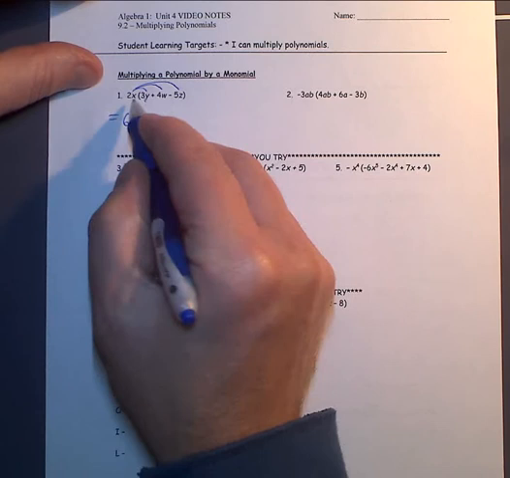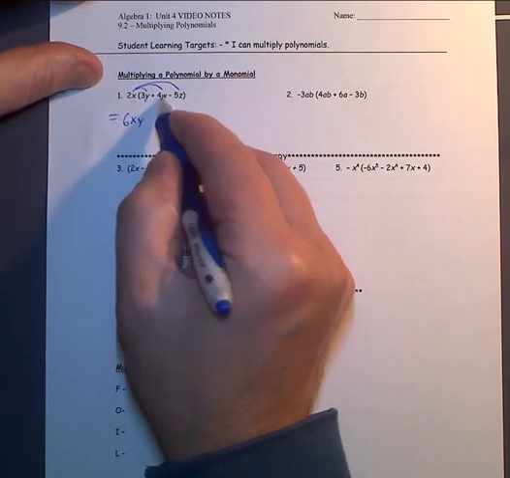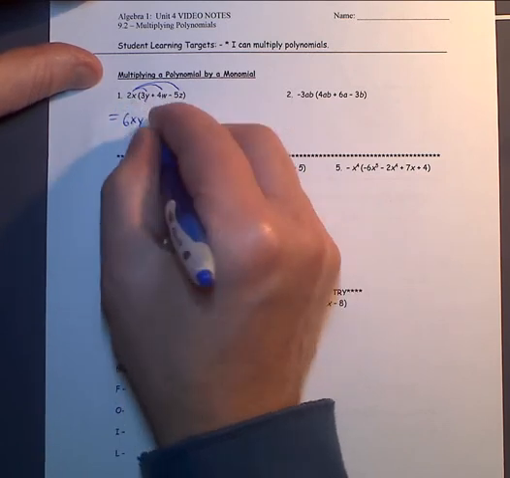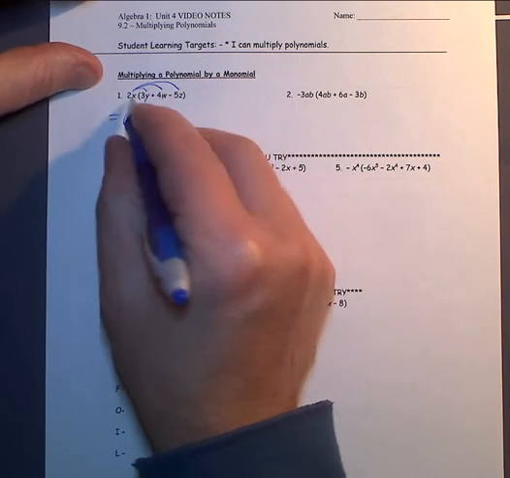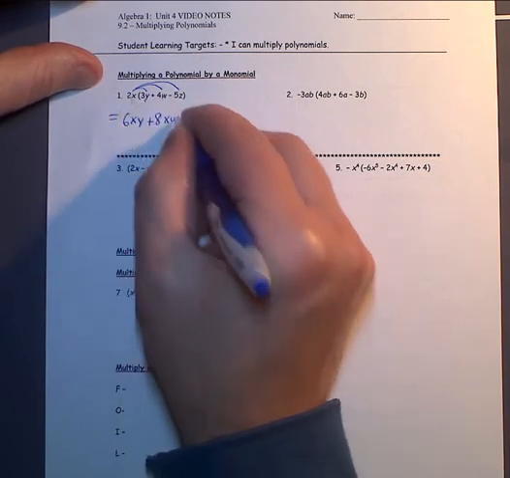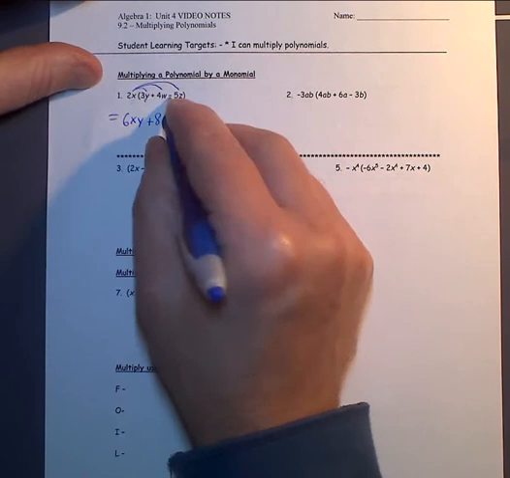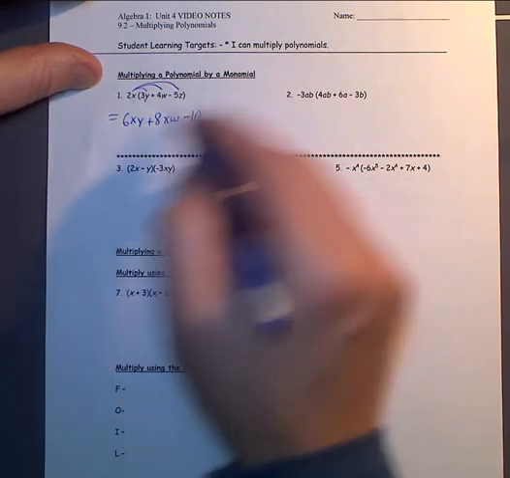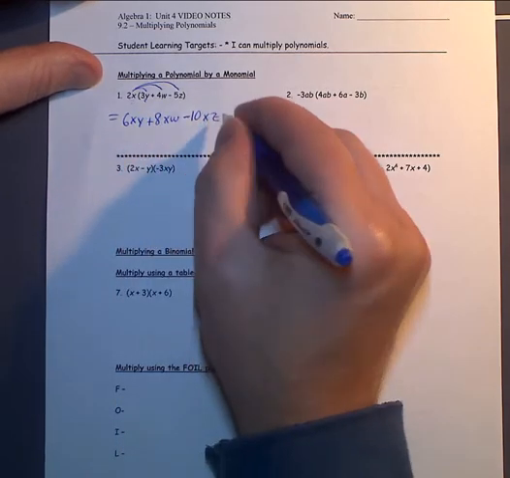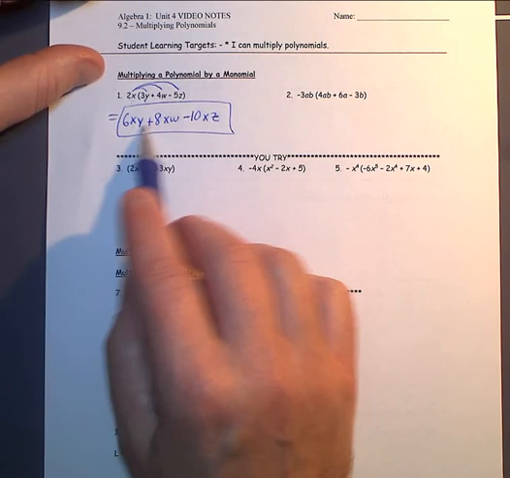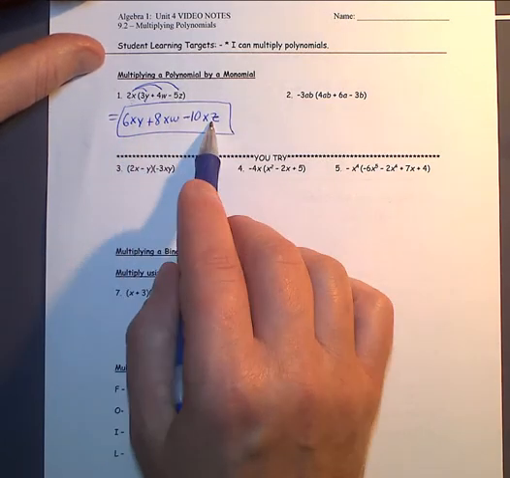Alright, 2x times 4w, so the 2 times 4 is a positive 8, x times w is just xw. 2x times negative 5z, 2 times negative 5 is a negative 10. So that minus belongs with the 5. X times z is just xz. That would be my answer. If we had to simplify anything, we could add like terms, but none of these are like terms. They have to have the same variables.